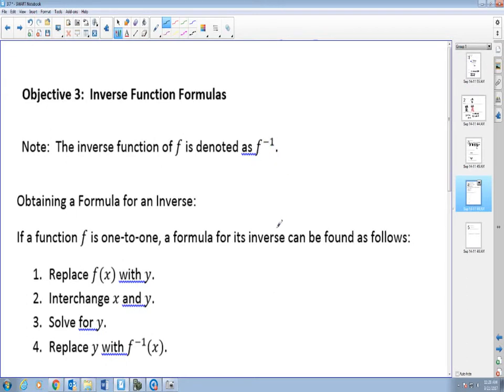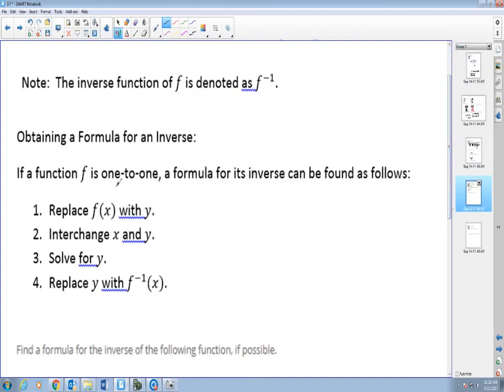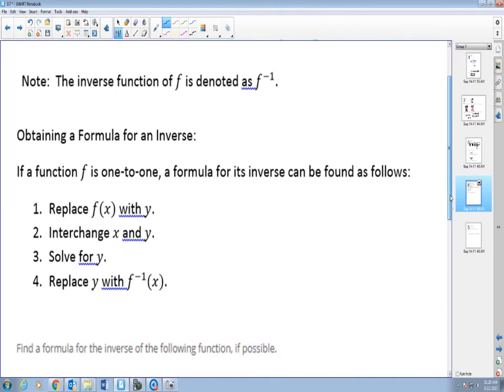So if a function is one-to-one, just like my square root function just now, then a formula for its inverse can be found by doing these 4 steps. It has to be one-to-one first, then I can follow the 4 steps to find its inverse.